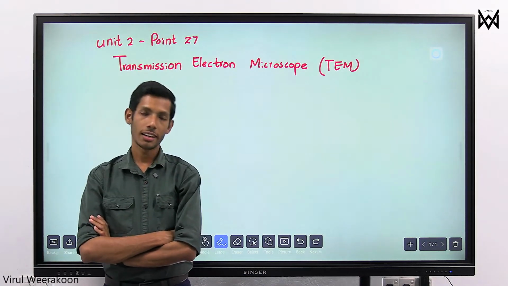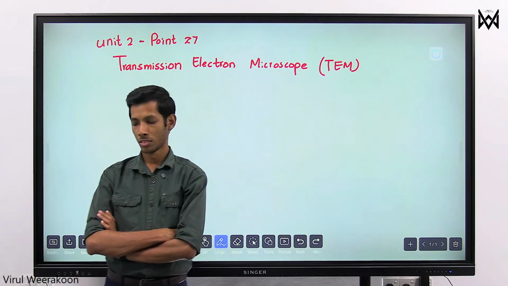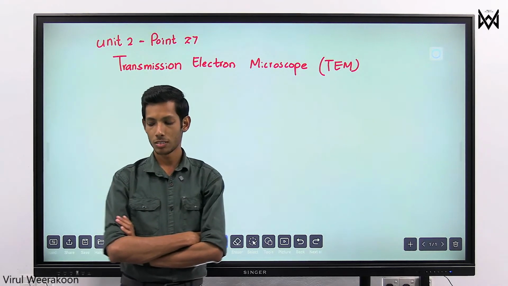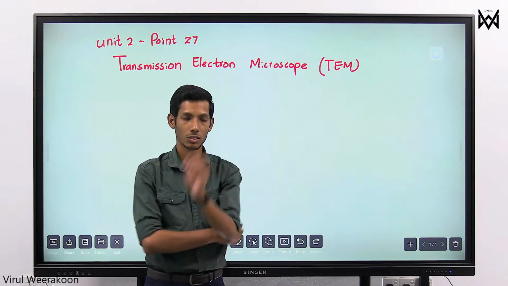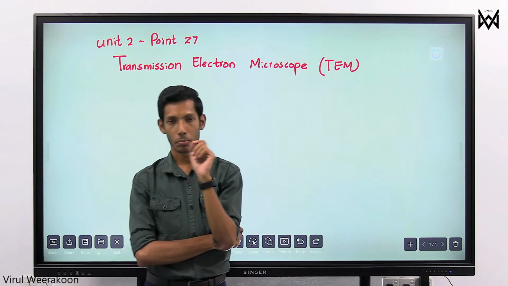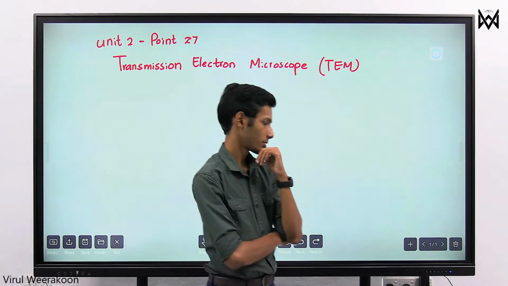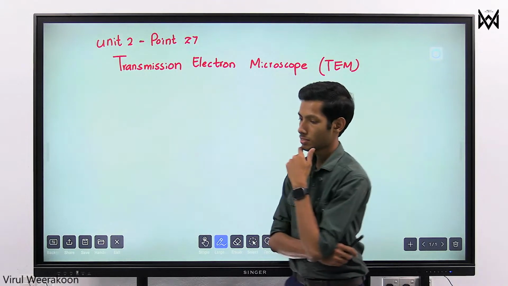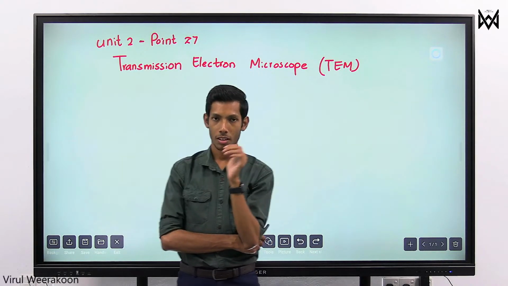So underline internal structures. Then write down, a beam of electrons passed through a thin, specially prepared slice of material.